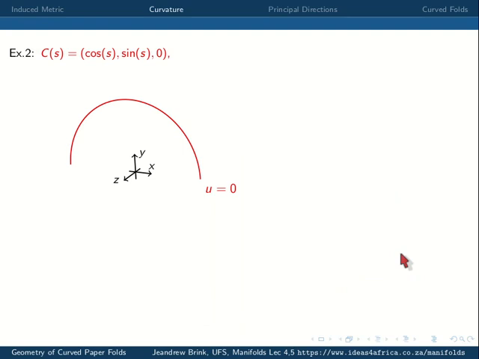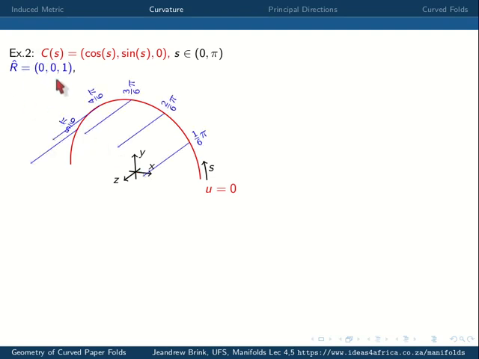Okay, so suppose we now have the same curve, cos s, sin s. Here is my y-x plane that I've just changed a little bit. And there's u equals 0, so exactly the same problem. And my s also goes up, but instead of having R, the 1 over here, I'm going to put it over there.